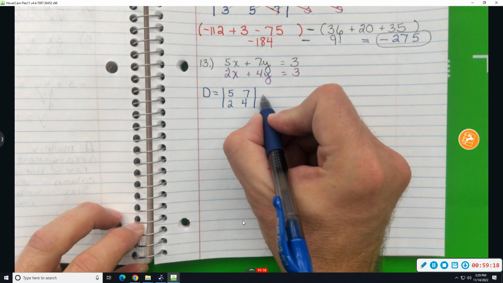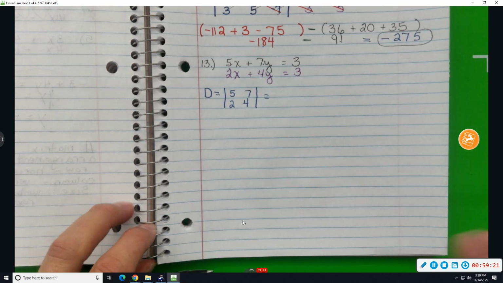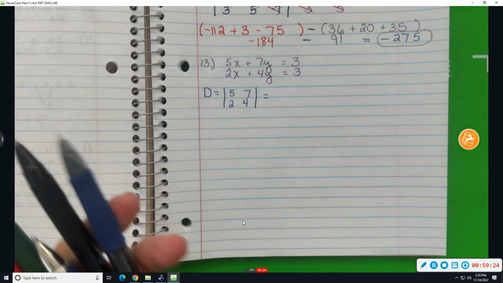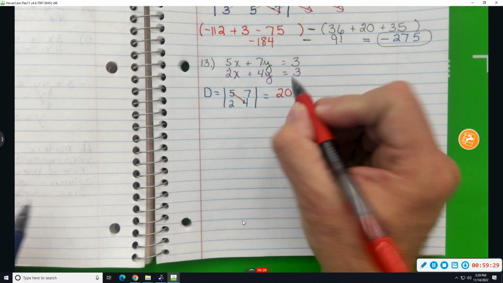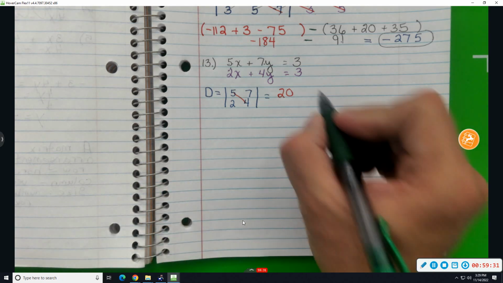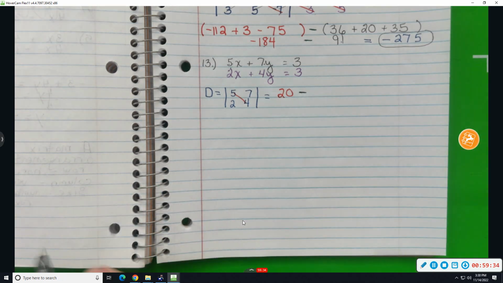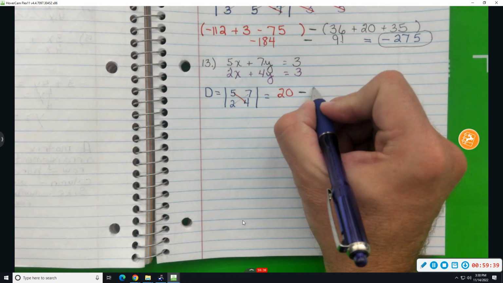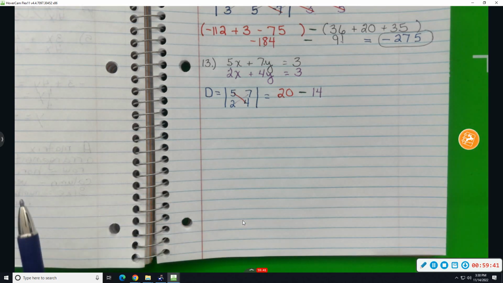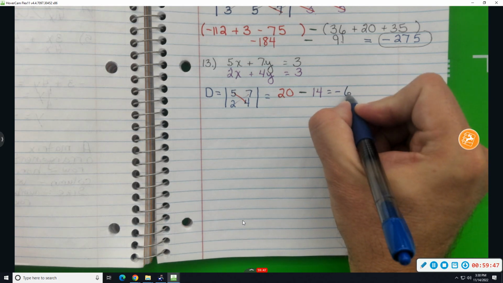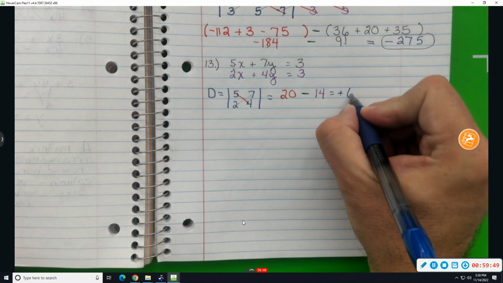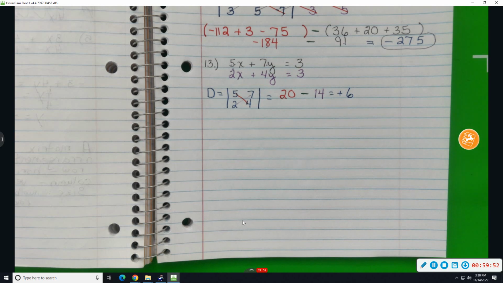And this is one of the easy determinants you don't need a calculator for. Just make the little x, which would be 20. Then a minus. What's the other diagonal going to be? 14. So D is not negative 6, a positive 6. Boy, I'm messing up with my signs today, Alma. 20 minus 14 is 6.